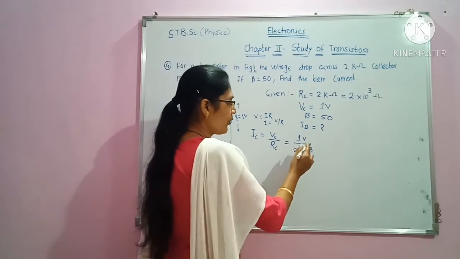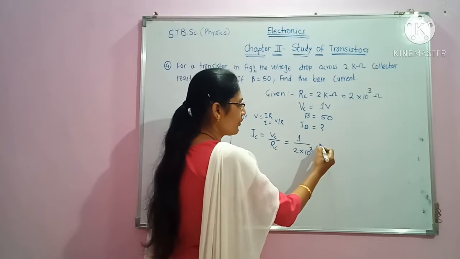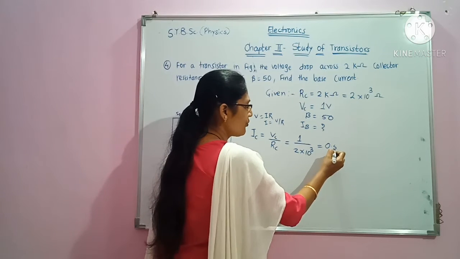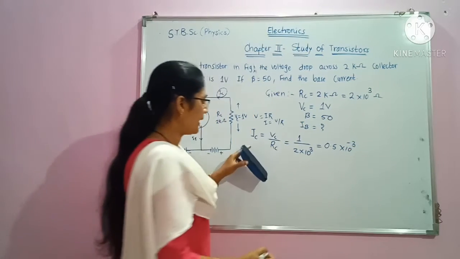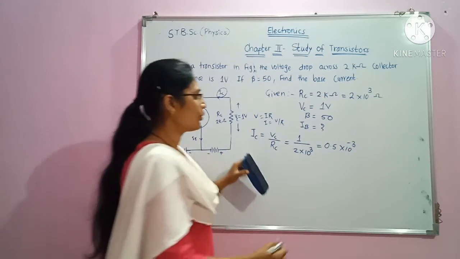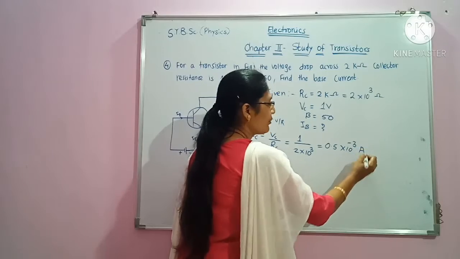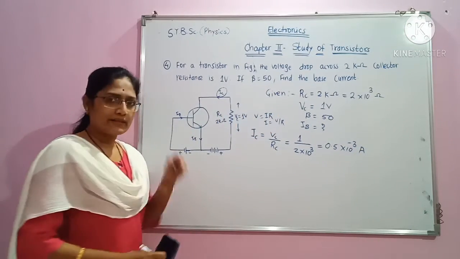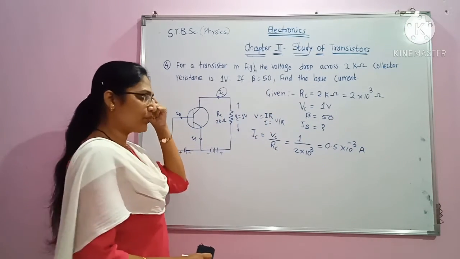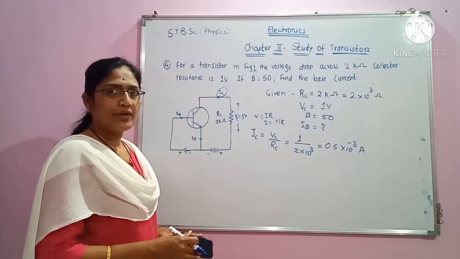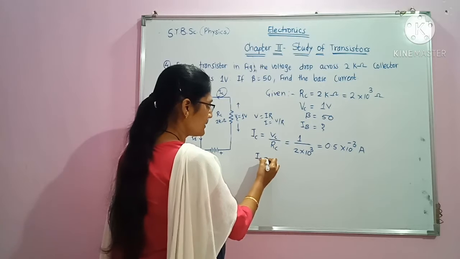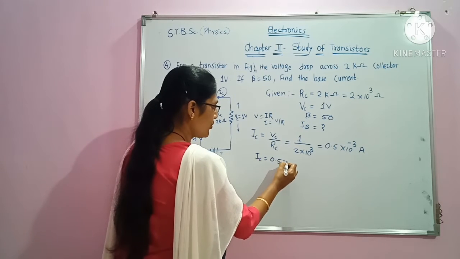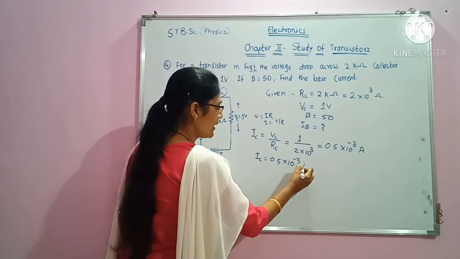So 1 upon 2 comes out as 0.5 into 10 raised to minus 3, and this is the current, so its value is in ampere. IC is equal to 0.5 into 10 raised to minus 3 ampere.